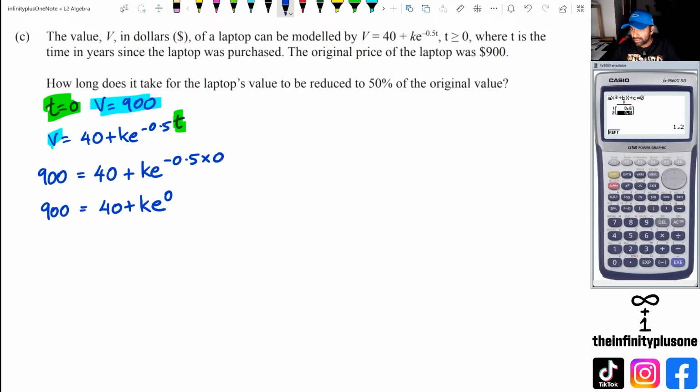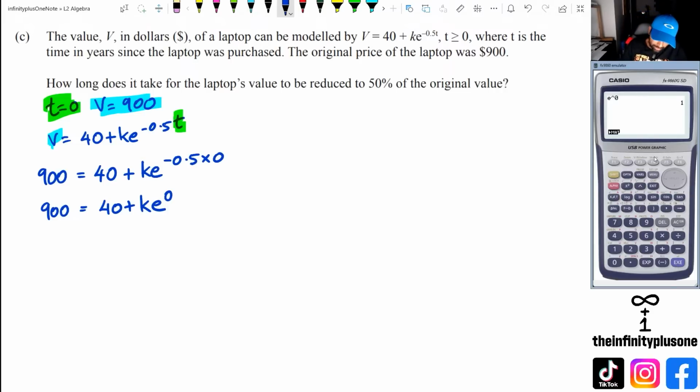Now I can't actually zoom my calculator there, but if you look at your calculator, just above the ln, shift ln, you would see e to the x. So we're going to go into the main menu and click shift e to the power of x. Right now we want e to the power of 0. And remember that anytime you have a number raised to the power of 0, you're going to get 1.